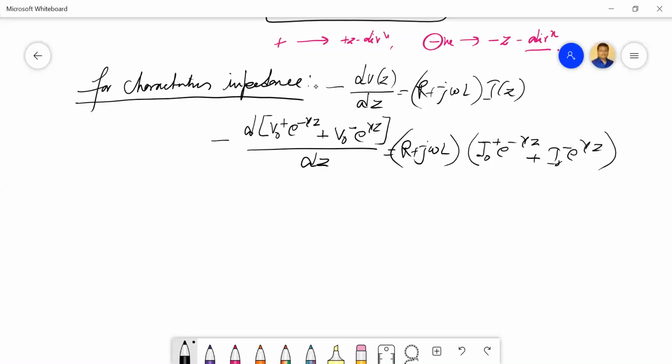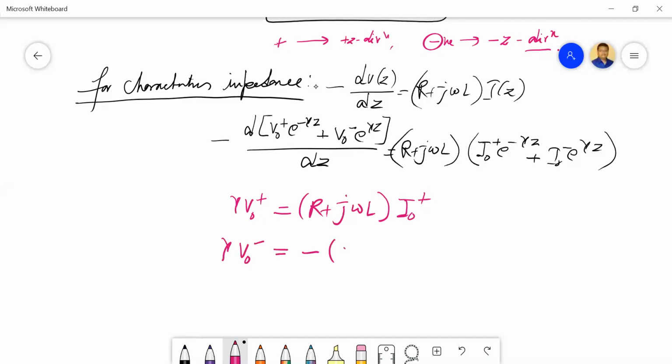If you rearrange this equation and compare, you can write two terms. One is gamma V naught plus is equal to R plus j omega L I naught plus, and gamma V naught minus is equal to minus R plus j omega L I naught minus. These are the two things.